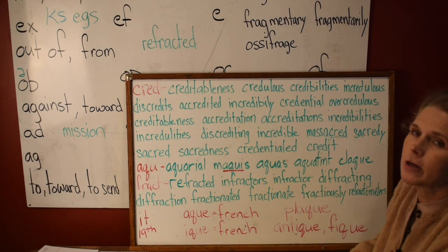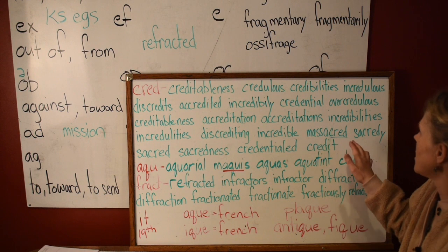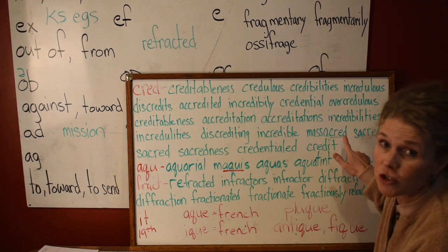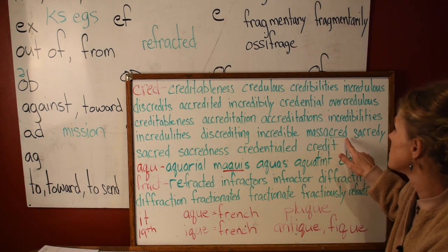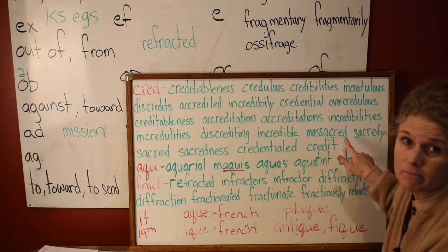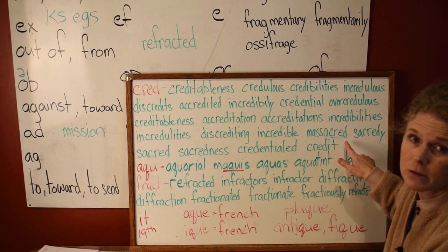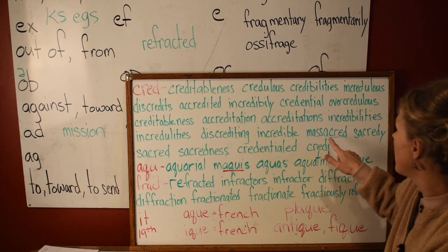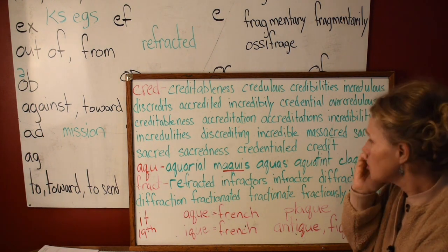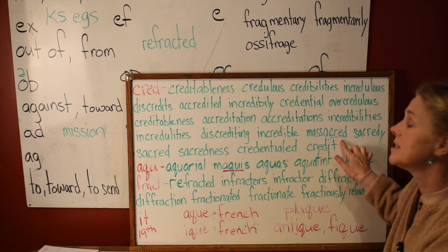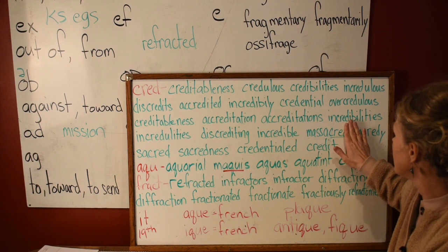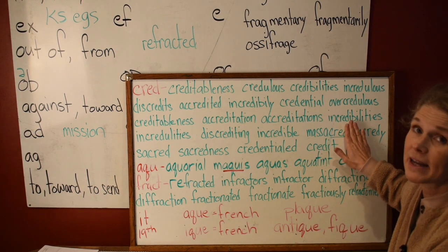Now, I put this in here because this could be really tricky, because this looks like it's cred, but it's not. What's your base word in here? If it's massacred, what's your base word? Massacre. So this is the suffix ed added onto the word massacre.